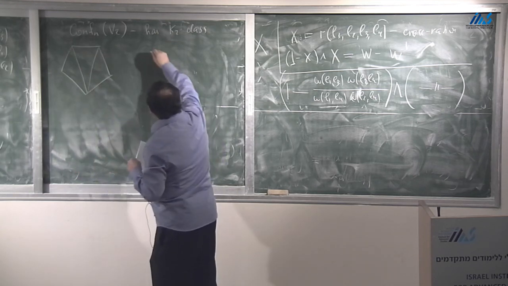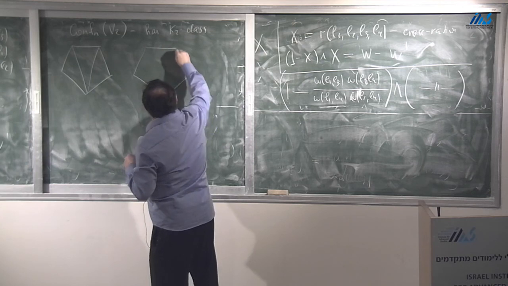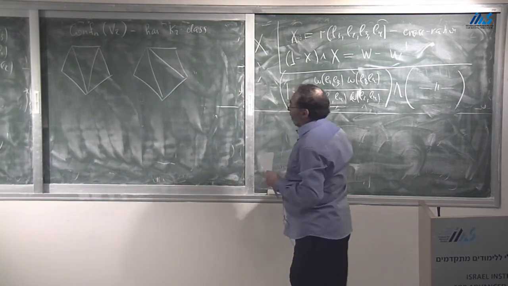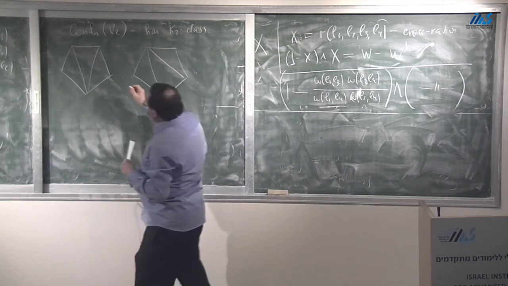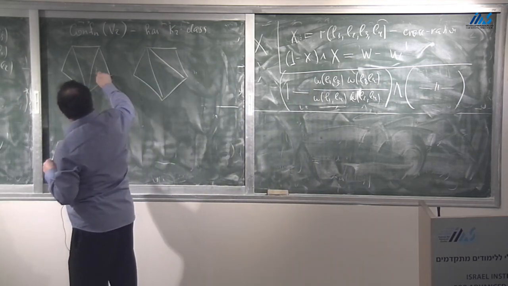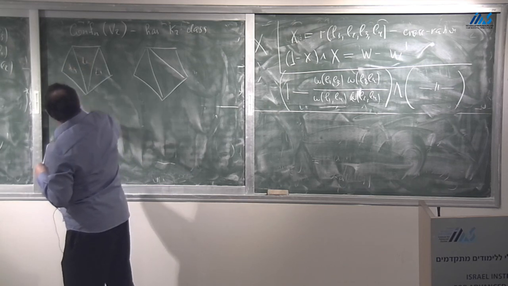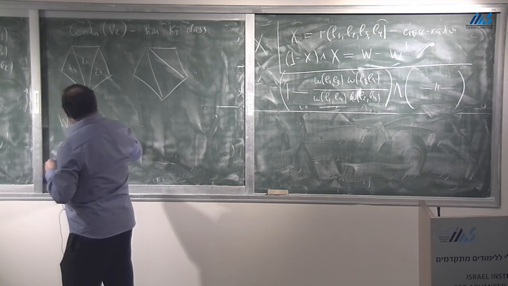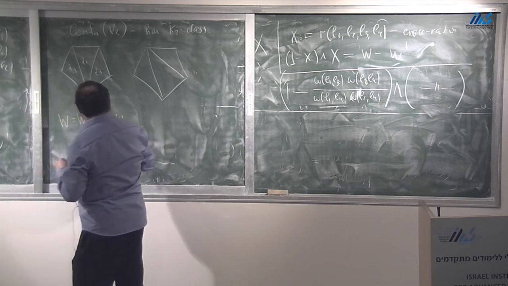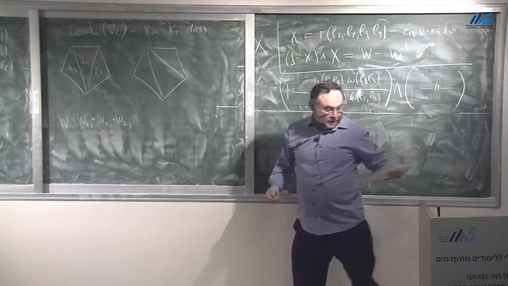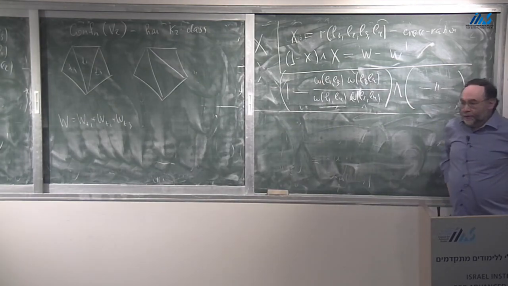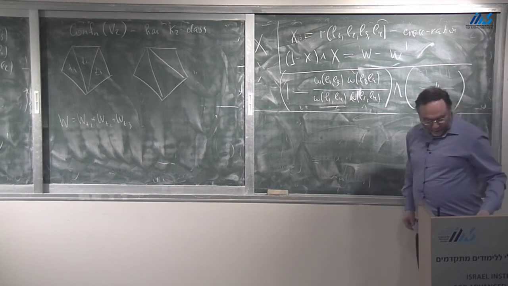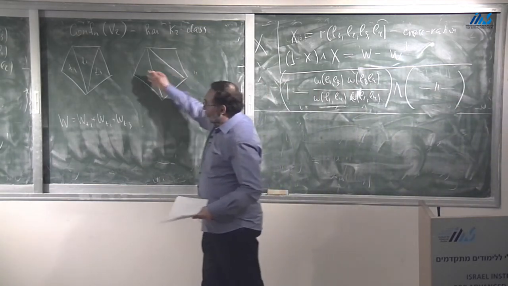And then if you take any other triangulation, they are related by a flip. And we already defined our form omega. So let's have the triangles T1, T2, and T3. It's just W_T1 plus W_T2 plus W_T3. And the claim is that as an element in K2, it's independent of the choice of the triangulation. And the reason for that is that it was already proved for n equals 4. So it follows from that.